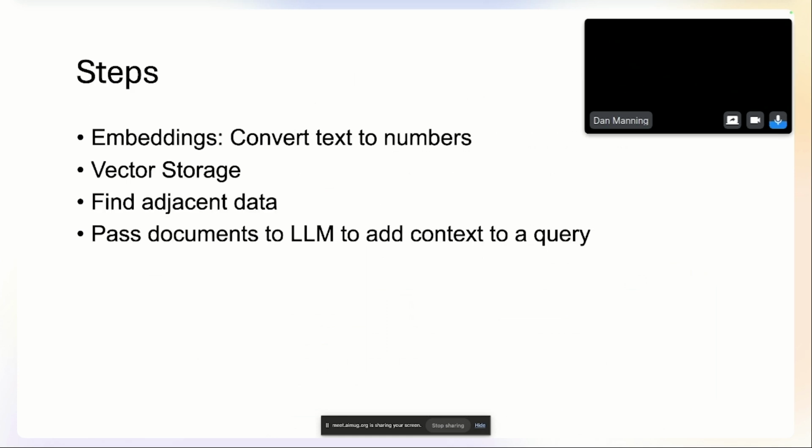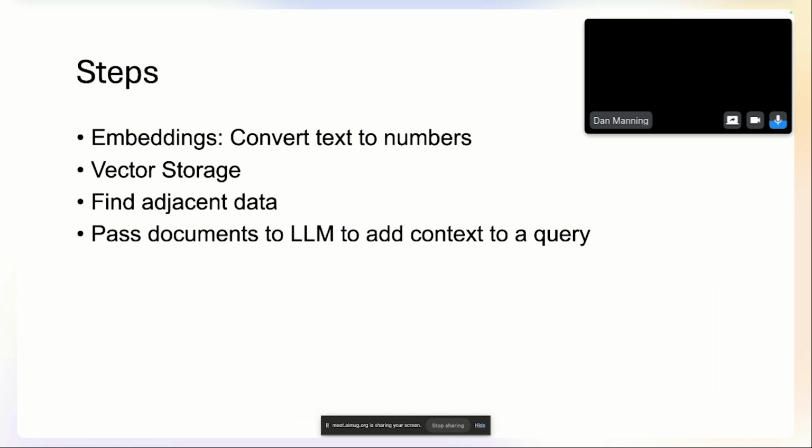And so how we're going to do that is first you need an embedding. What that is, is taking a piece of text and assigning a huge string of numbers to it. And then you store that in something called a vector storage. It could be Weaviate or Pinecone. I'm using MongoDB. They have a vector embedding storage.